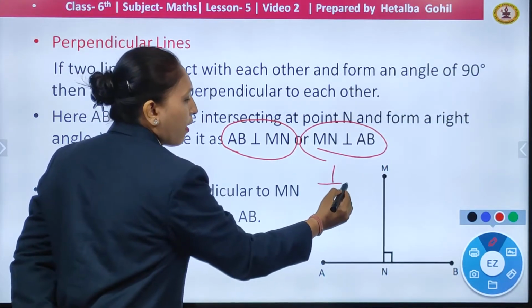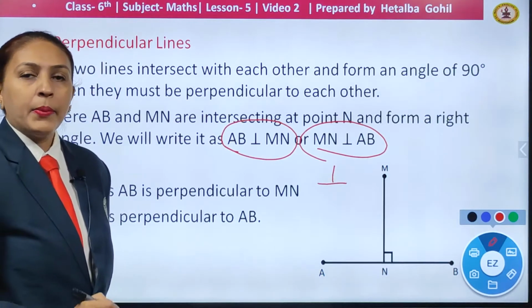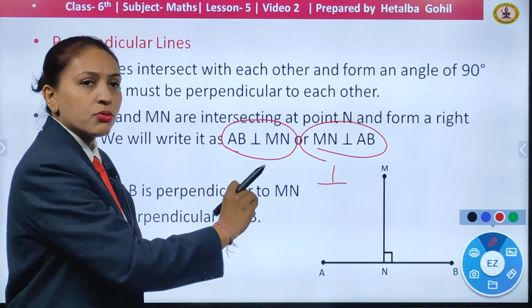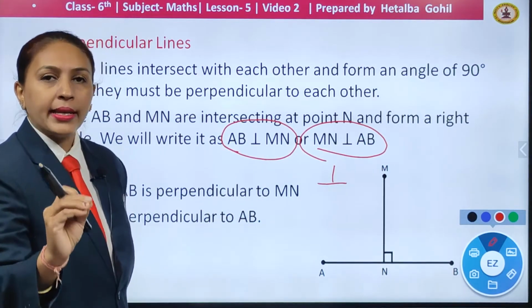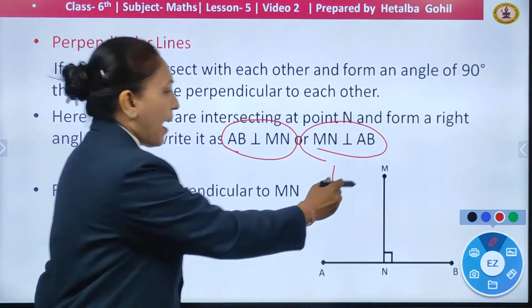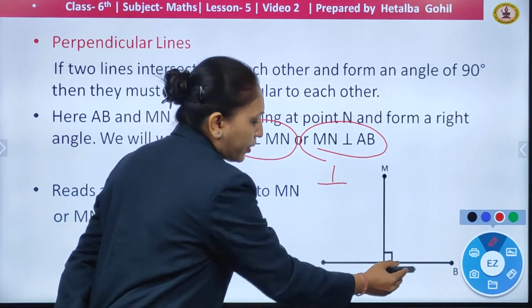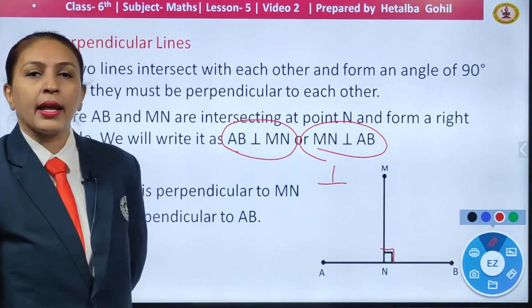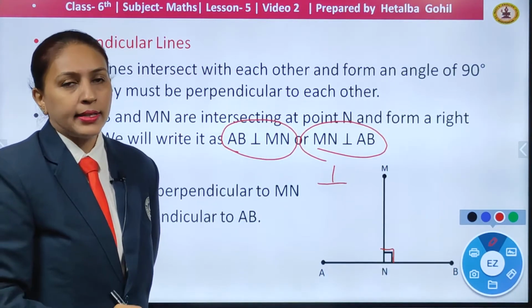This is the symbol of perpendicular, children. Perpendicular always means the angle formed by these two lines is always 90 degrees. This symbol shows that the angle formed here is 90 degrees.